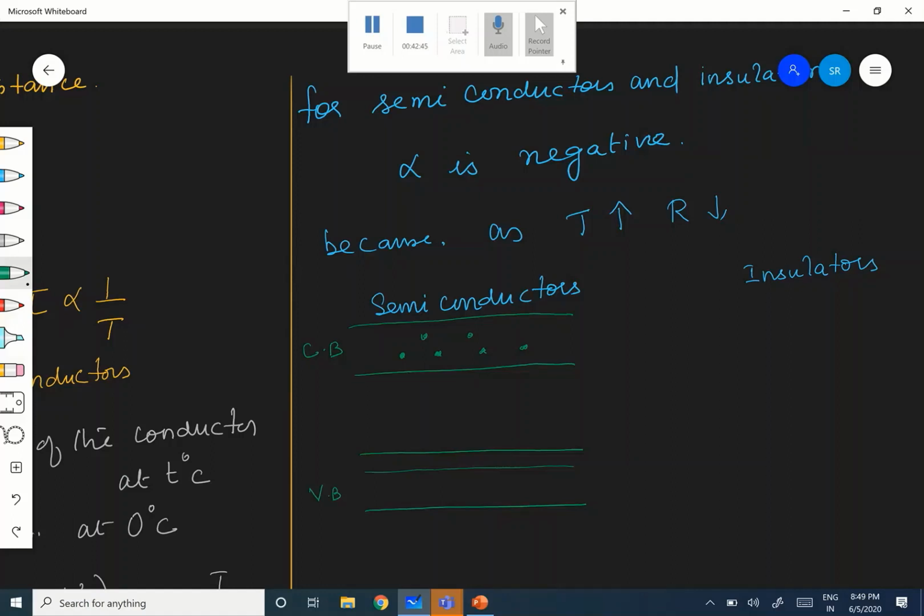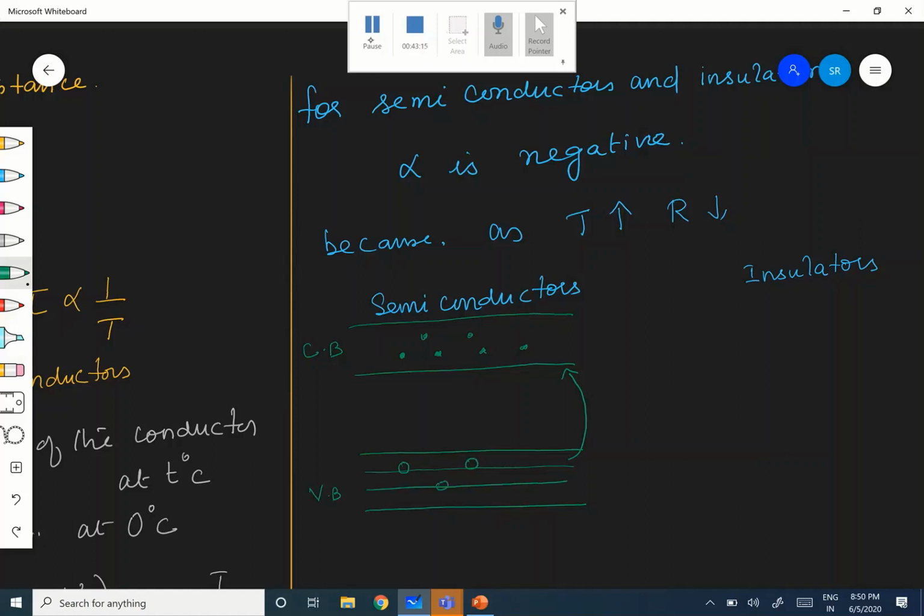How does the conduction band get the electrons? The valence band is fully filled with electrons at 0 Kelvin, and the conduction band is fully empty. But at room temperature, some of the electrons will jump from the valence band to the conduction band, thereby creating some holes here.